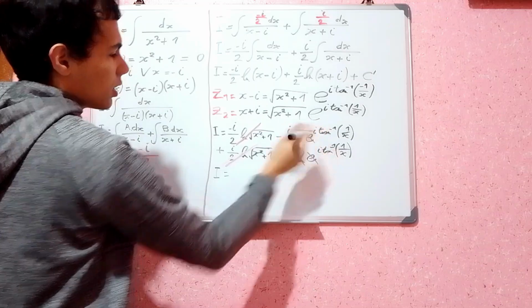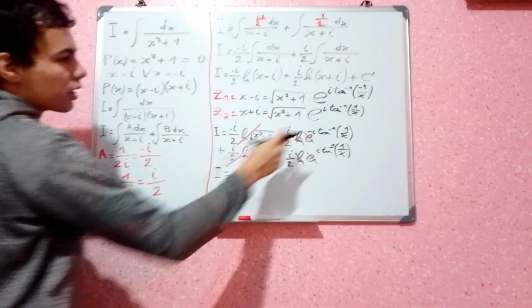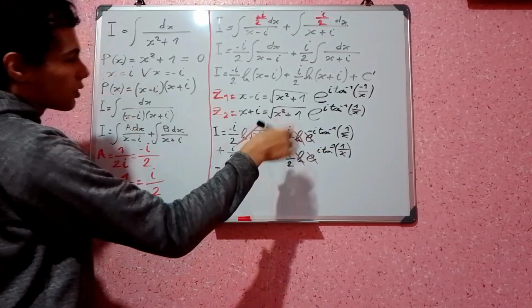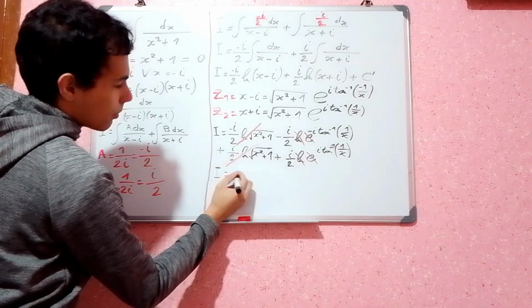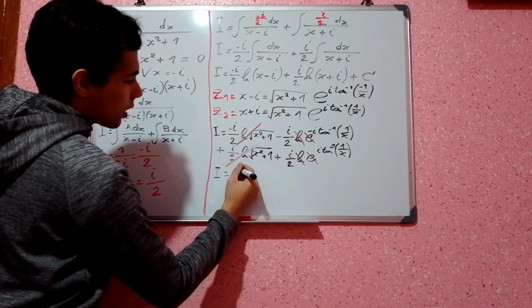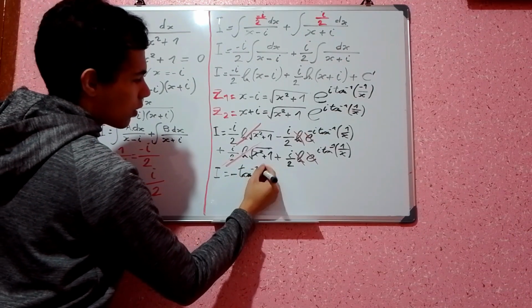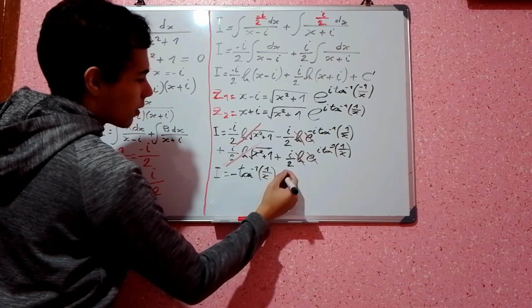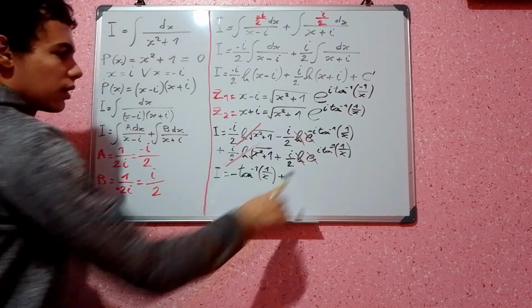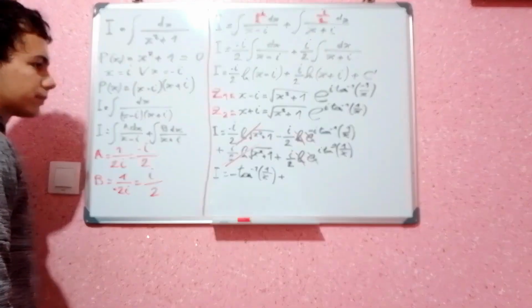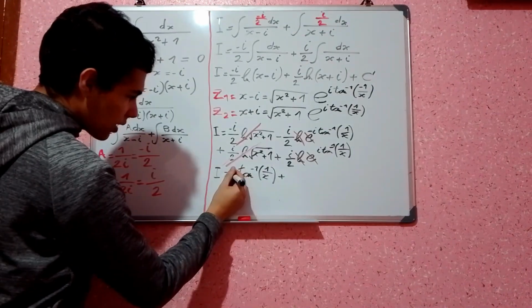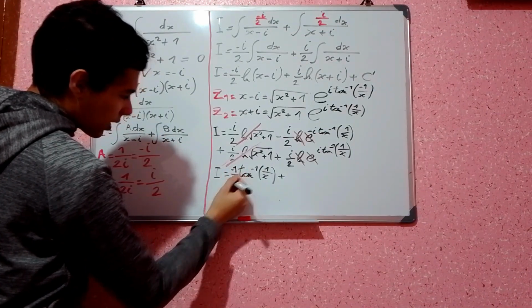i multiplied by i is minus 1, and the minus is minus plus, so together minus inverse tangent of 1 over x plus i with i is minus. Wait, I forgot the 1/2, minus 1/2.